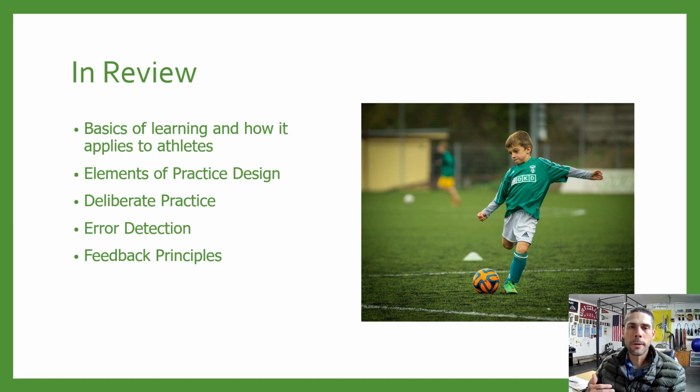Once we have our practice design put together, it's all about detecting errors properly, having a system, knowing what we need to look at, whether that's technical, tactical, physical, mental, or external, and then providing feedback by adhering to the principles of optimal feedback. If we do that, then we're going to promote learning in our athletes in the best possible way and lead to those outcomes that we want.